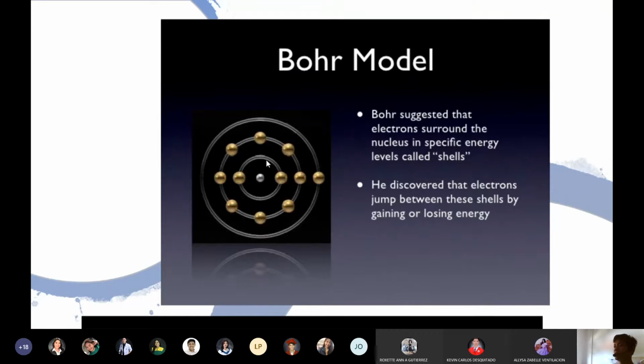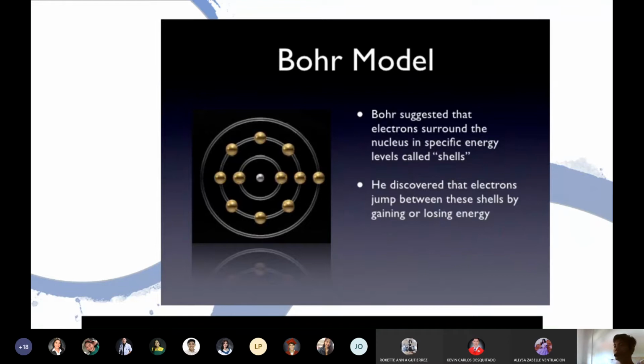The first energy level contains 2 electrons, the second 8 electrons, the third 2 plus 6 plus 10, 18 electrons. The fourth energy level contains so on and so forth.